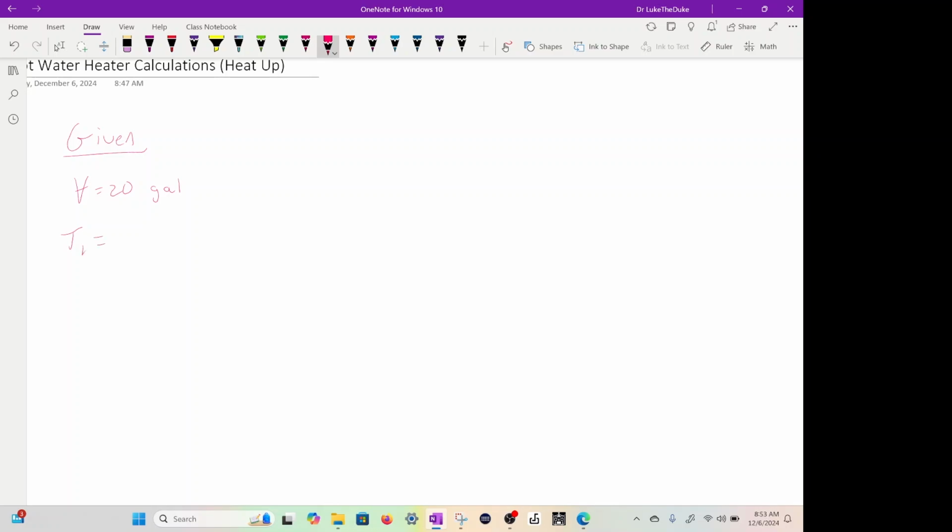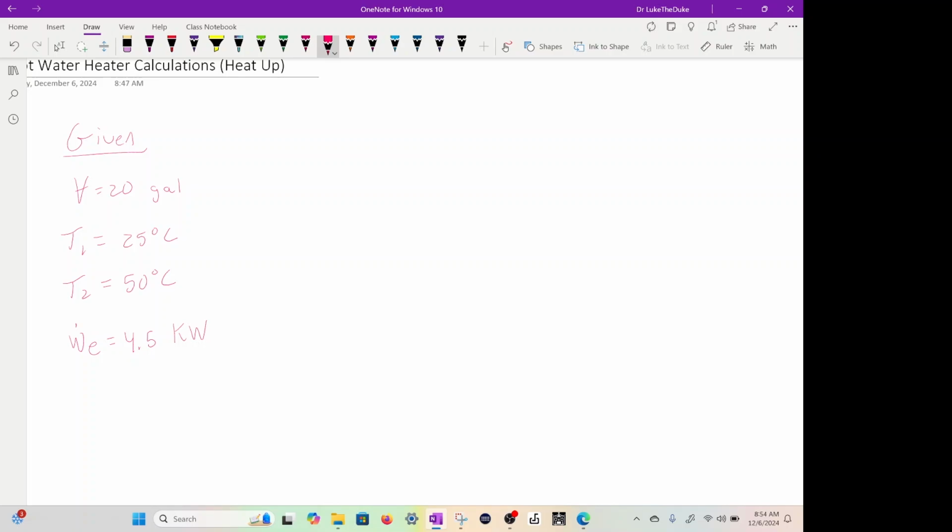T1 is going to be 25 degrees C. T2 is going to be 50 degrees C. And the electric power of this hot water heater is 4.5 kilowatts.